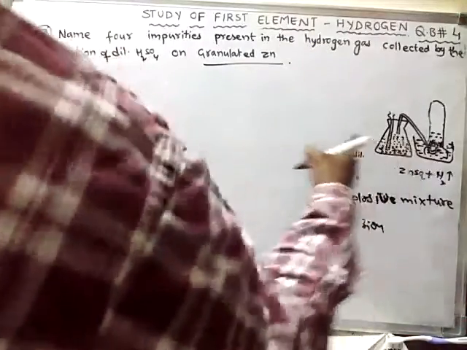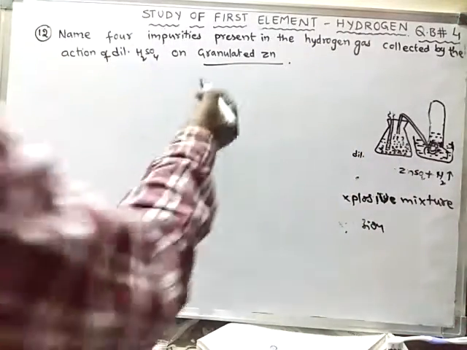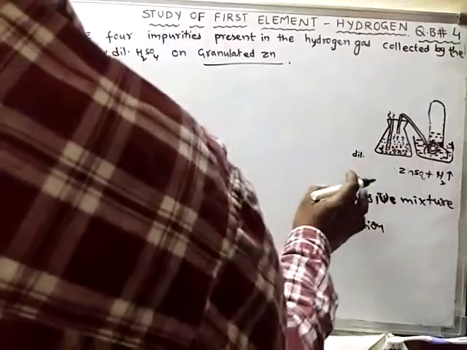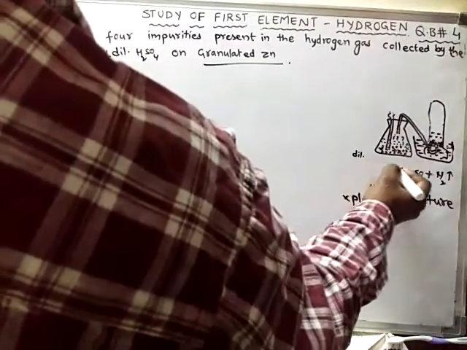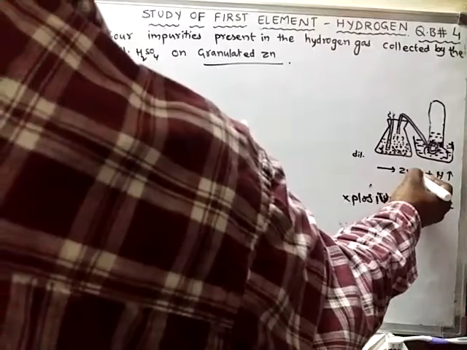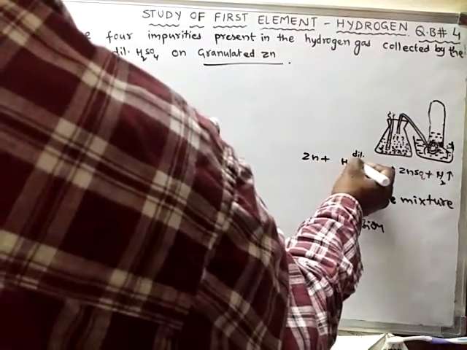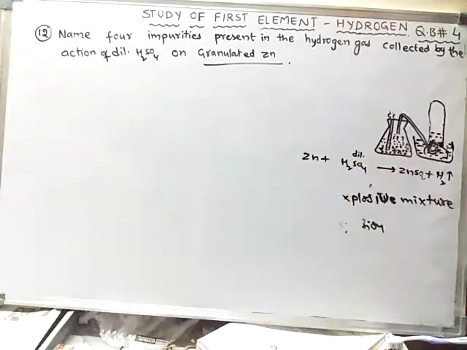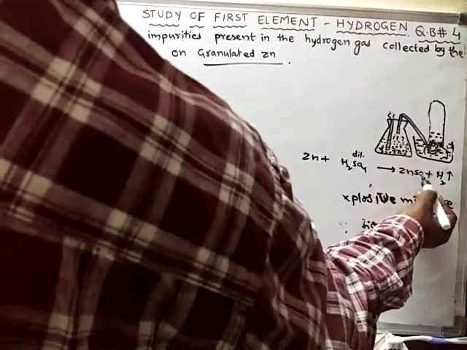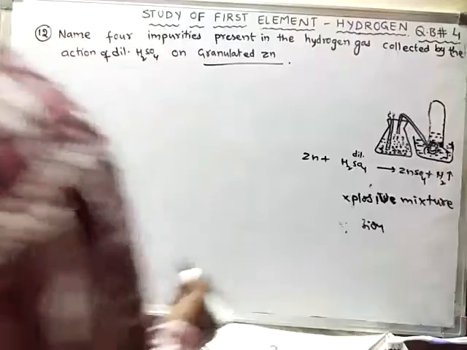So this experiment is related to this one only. See, what is happening in this process? Granulated zinc reacts with dilute sulfuric acid and forms zinc sulfate and hydrogen gas.